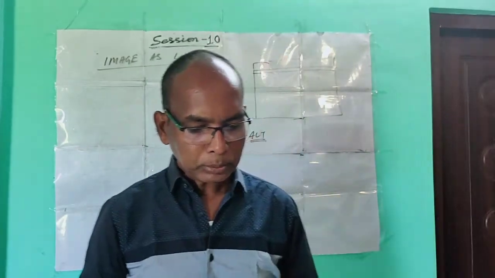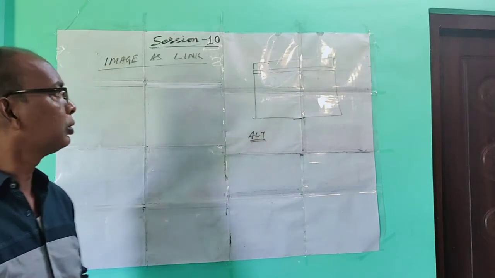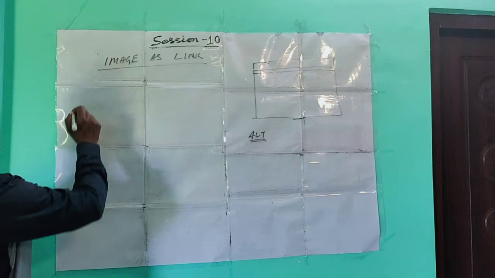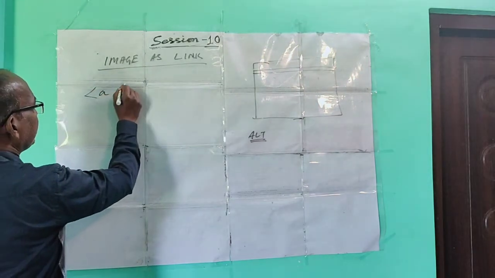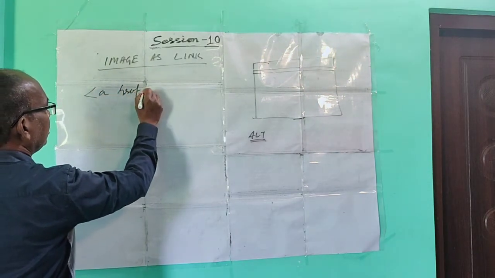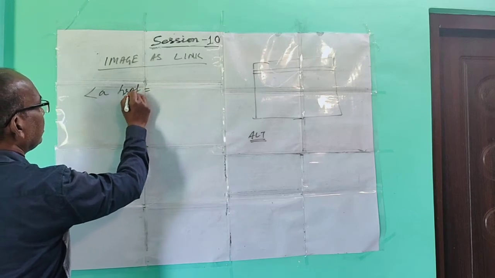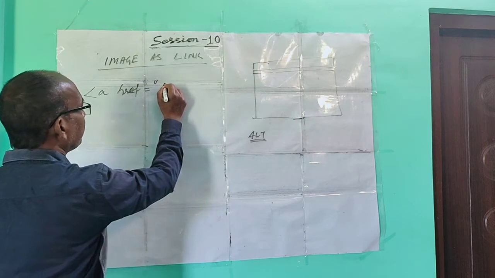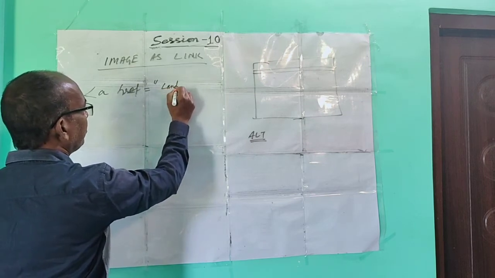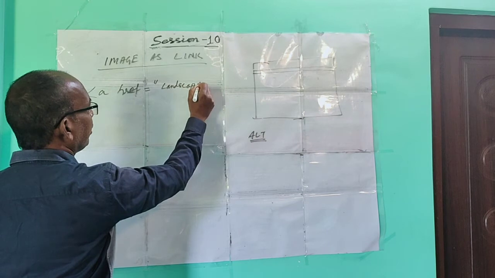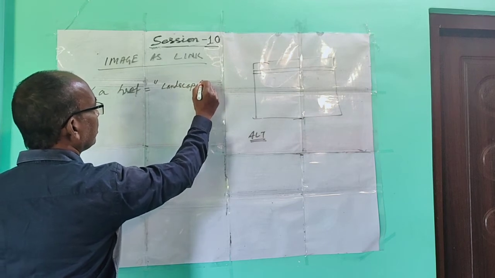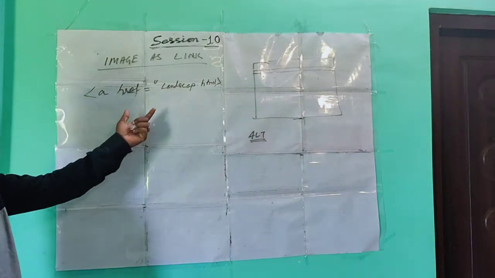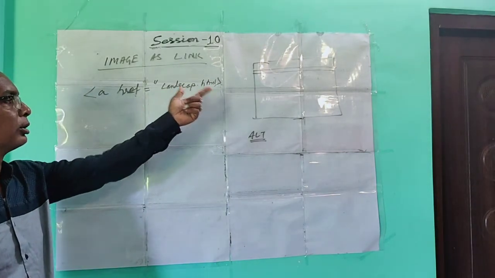Okay. Now, for example, suppose you want to create an image as a link, then we have to write the anchor tag, href the source, say landscape.html. This is the file name to link with the page.